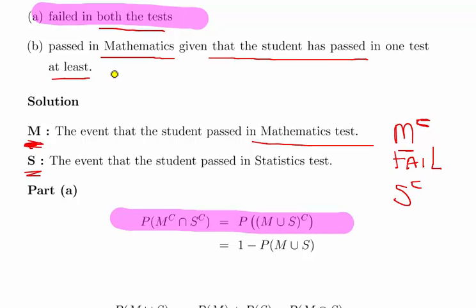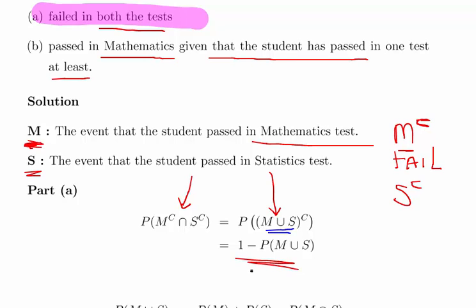So the probability of MC and SC is equal to the probability of the complement of M union S. So we have the union of M and S, M or S, and we get the complement of that. Just notice that this is intersection and this is union. When we put it in brackets, the intersection becomes the union. Now it's a complement of that, so we could just rewrite it as follows.